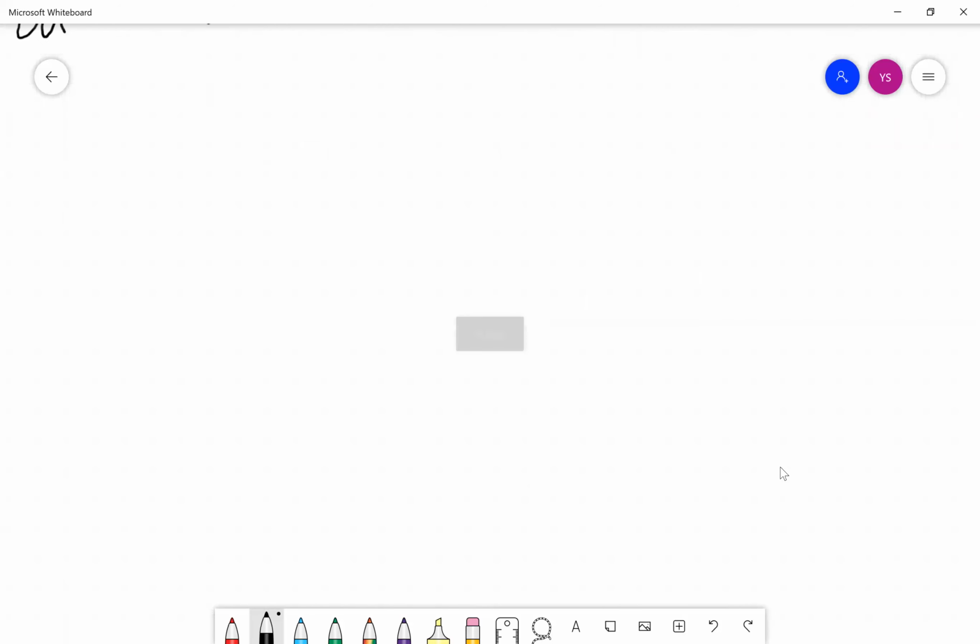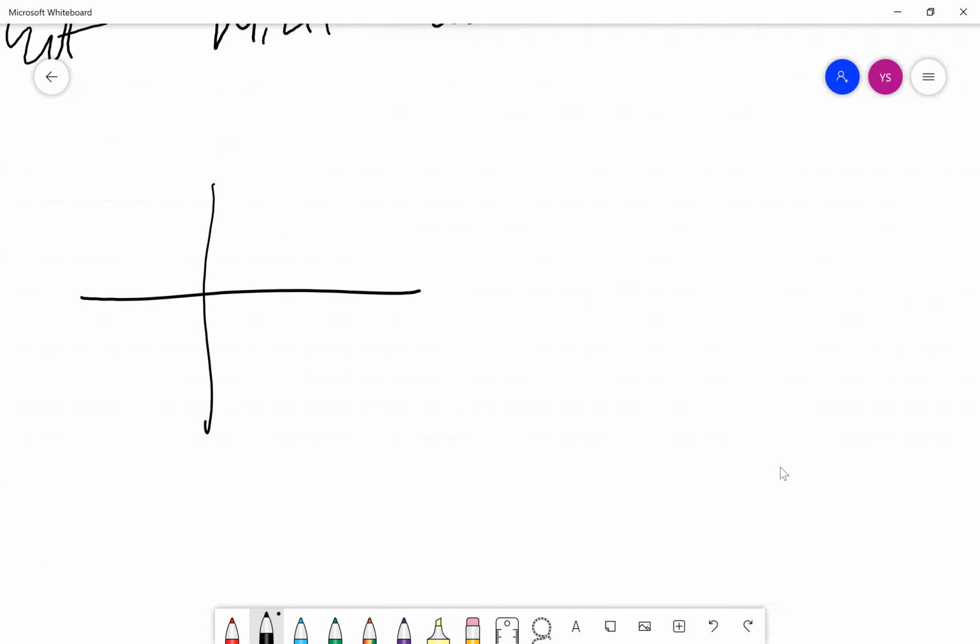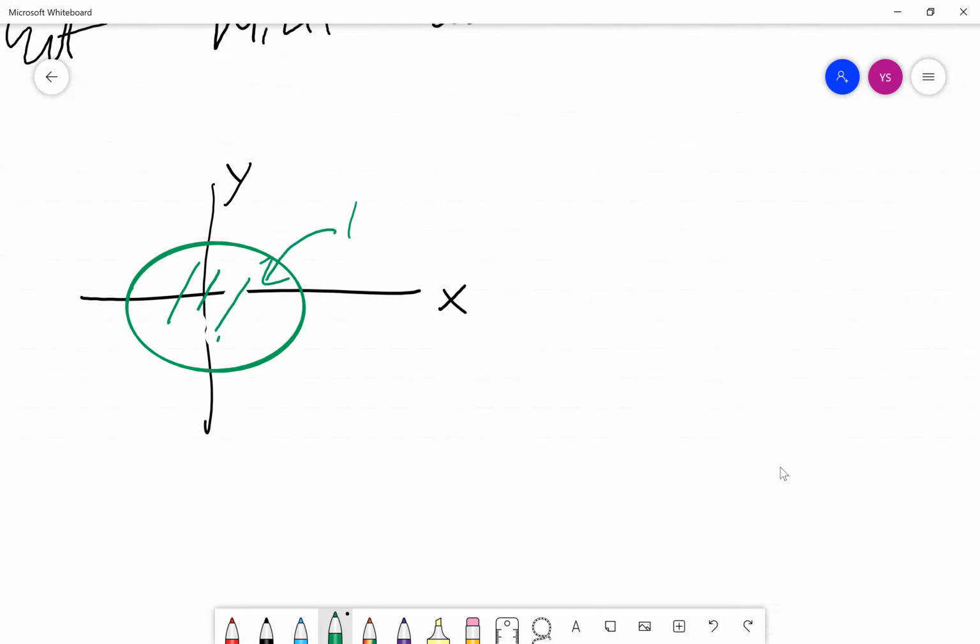Okay, so when we go about looking for absolute minimums and maximums, we need a domain in the XY plane. So if here's your x-axis and here's your y-axis, maybe it's a circle. So this will be your domain D. And then we have some function f of xy, let's say is equal to x squared plus y squared.